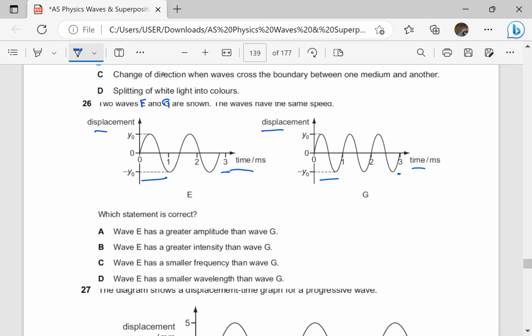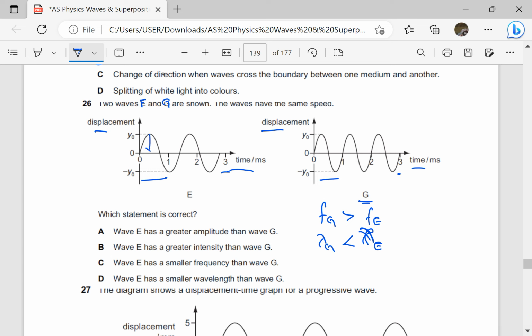So it means the frequency of wave G, if this is G, is greater than the frequency of wave E. That means the wavelength of G should be less than the wavelength of E. Wave E has a greater amplitude than wave G. Let's compare the amplitudes.